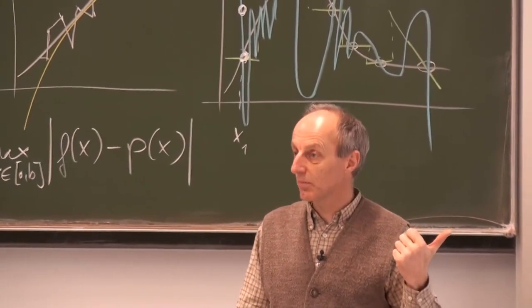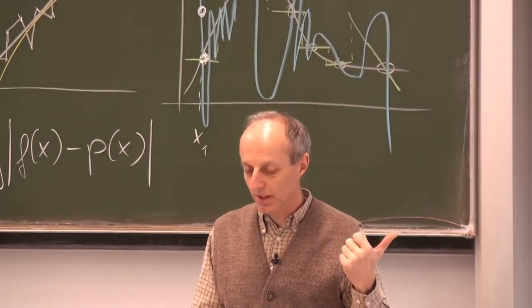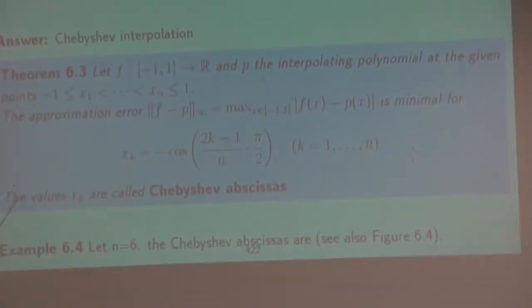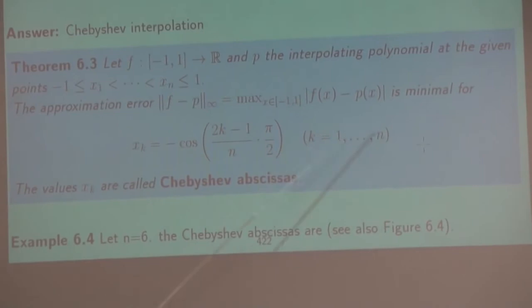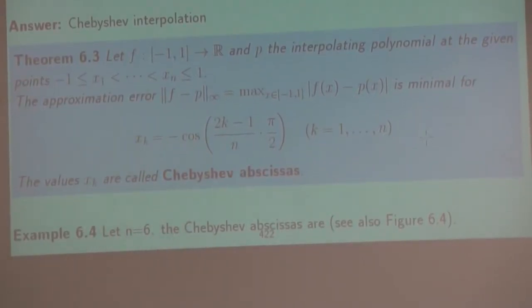And this is actually the best we can do with polynomials. We can't do better. Look, I mean, this is an optimality theorem. The approximation error is minimal if you distribute your n points like this. You can't do better with n points like this.